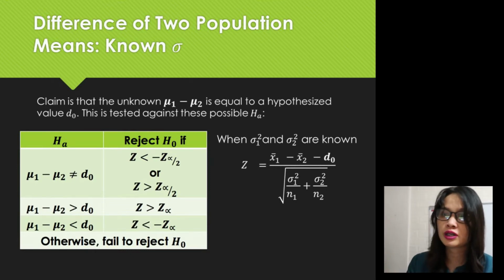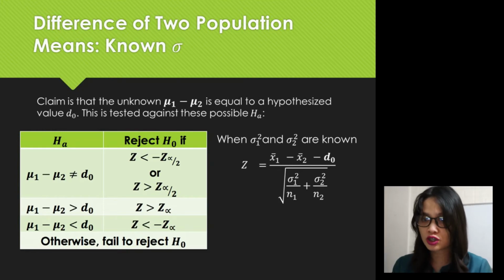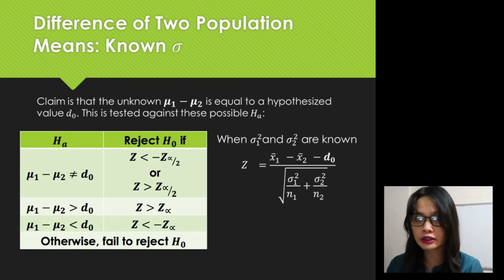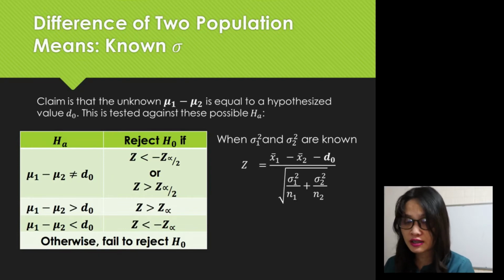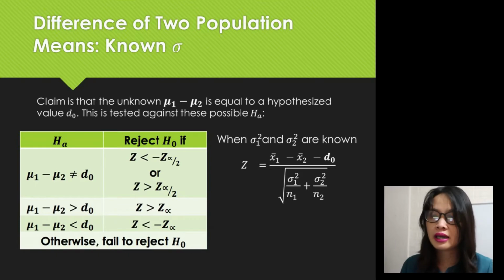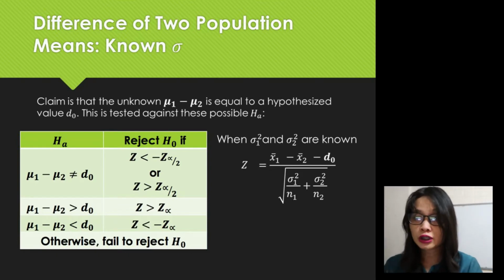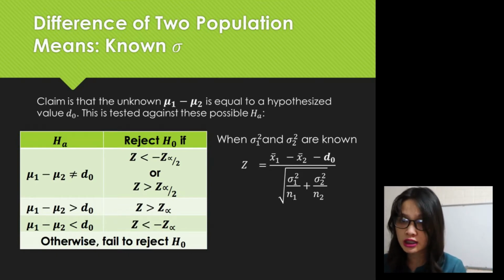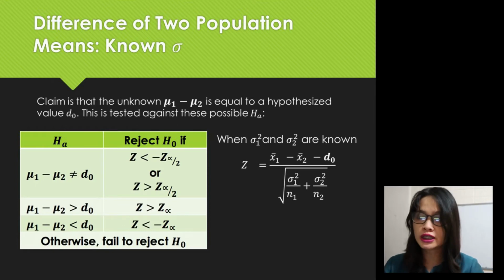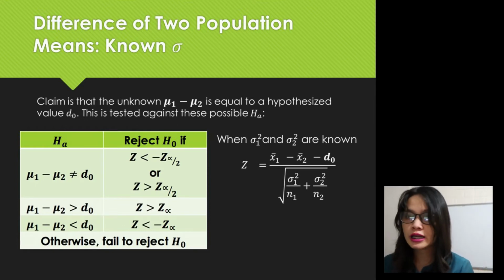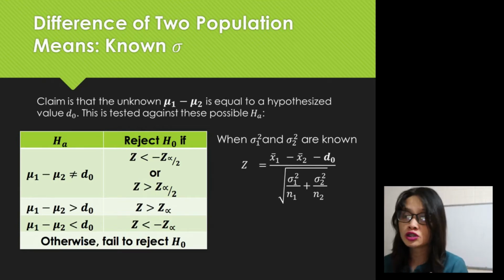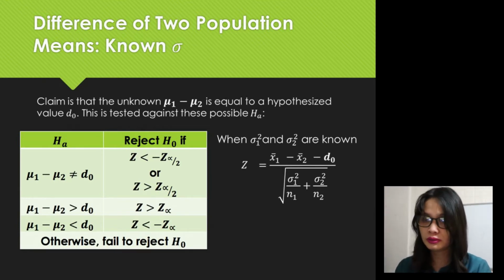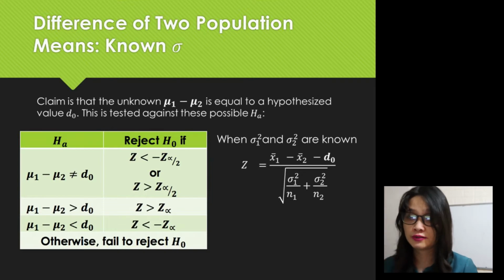If your alternative hypothesis is mu1 minus mu2 greater than d sub o, reject HO if your z value is greater than z alpha. And the third condition, if your alternative hypothesis is mu1 minus mu2 less than the hypothesized difference d sub o, then you can reject HO if your z value is less than negative z alpha.